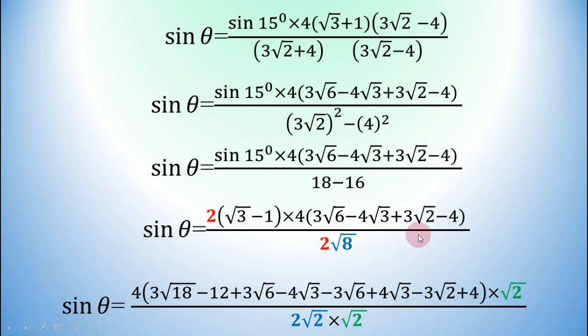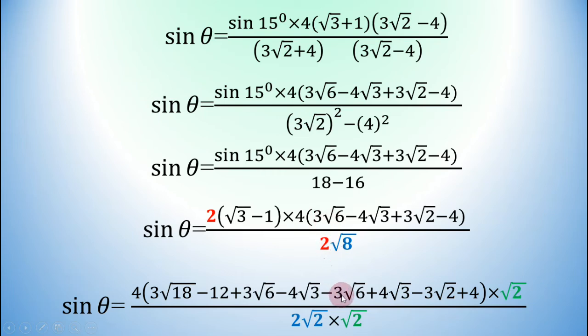Root 3 multiplied by 3 root 2, then 2 into 3 is 6, that is 3 root 6. Root 3 multiplied by 4 is 4 root 3. Then multiply by minus 1. Minus 1 multiplied by 3 root 6 is minus 3 root 6.